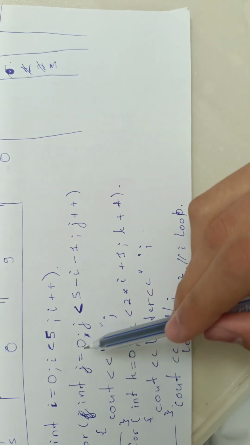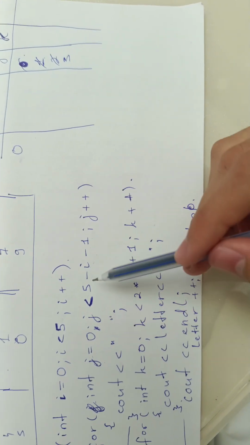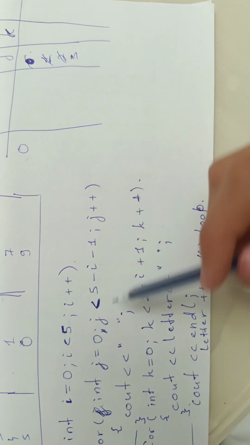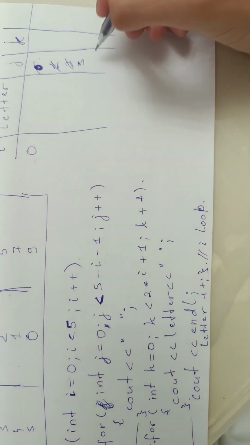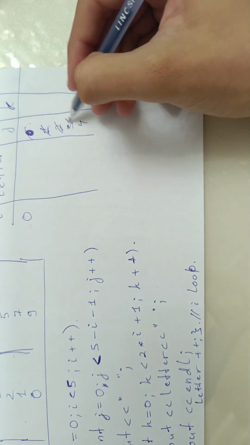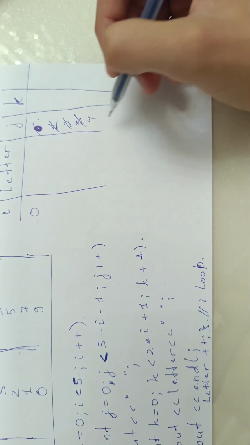At the end j becomes 4. 4 is not less than 4, so our first inner loop will end here.